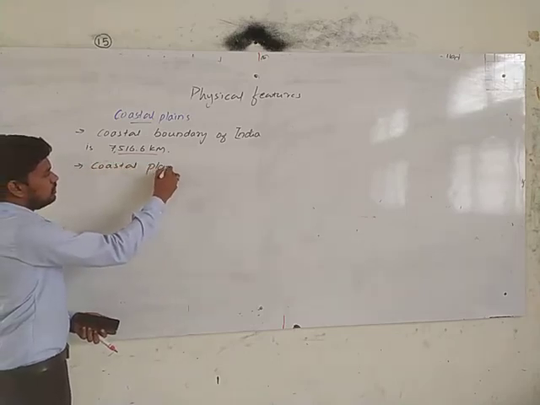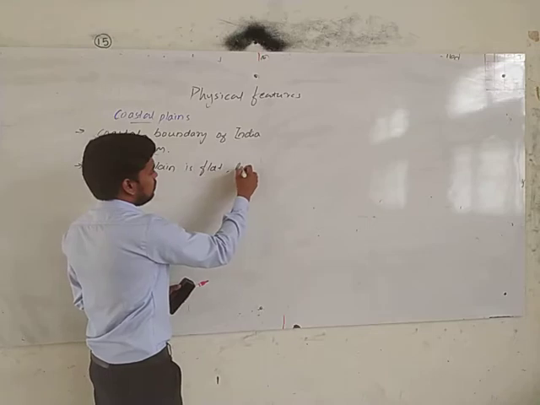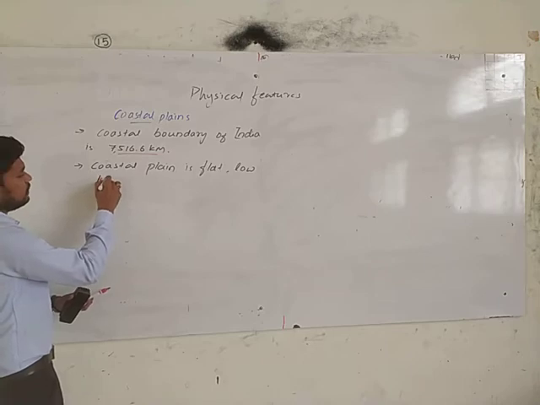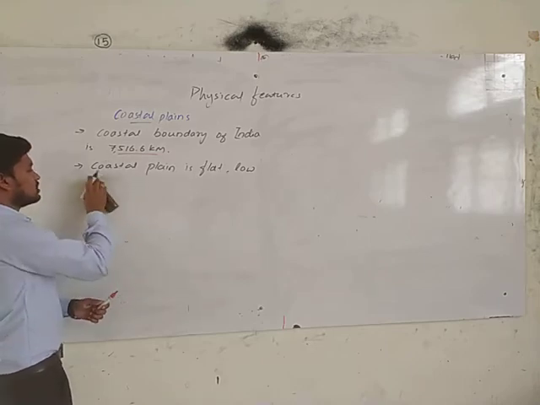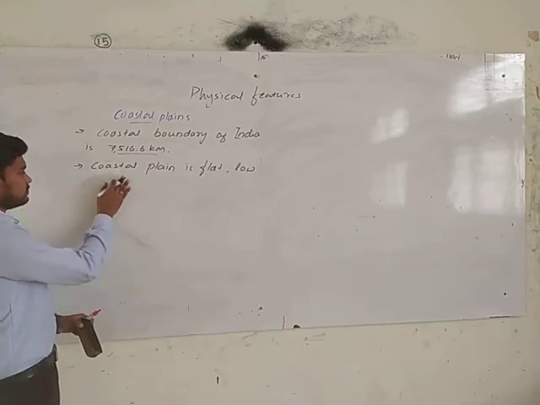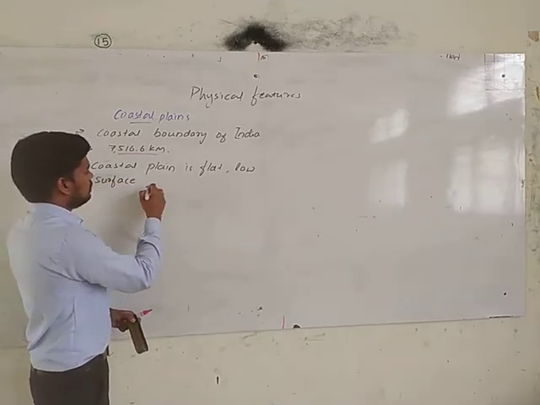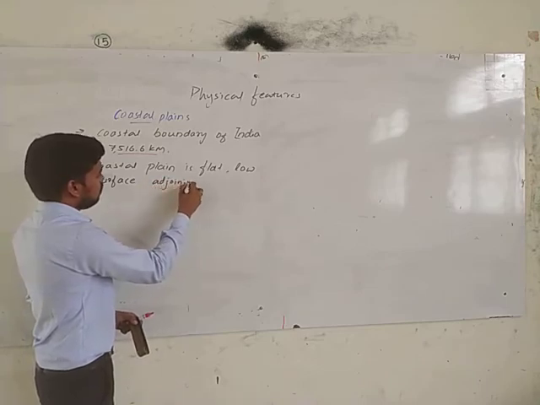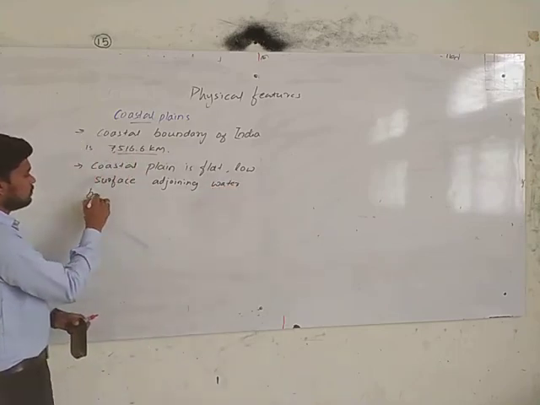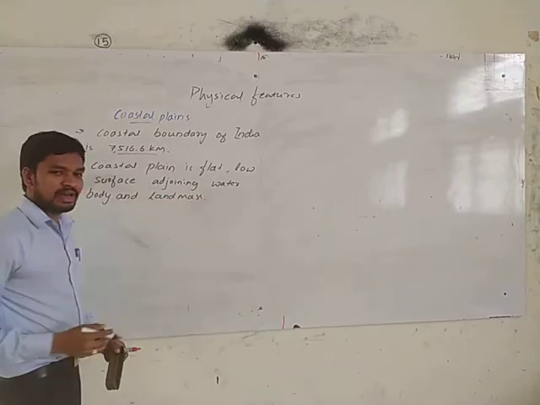A coastal plain, as we discussed now, is a flat, low-lying surface, a low surface, adjoining the water body and landmass. We have many definitions for that.